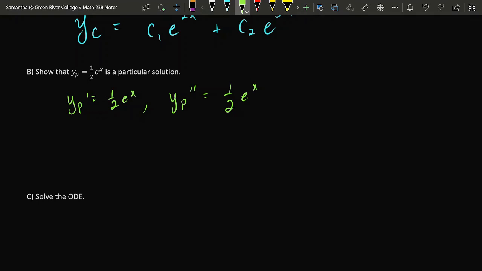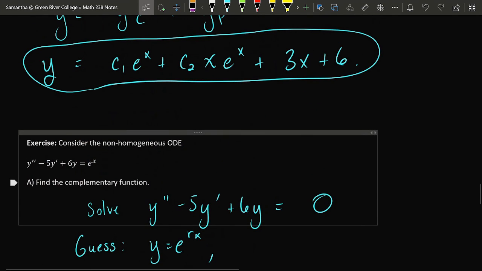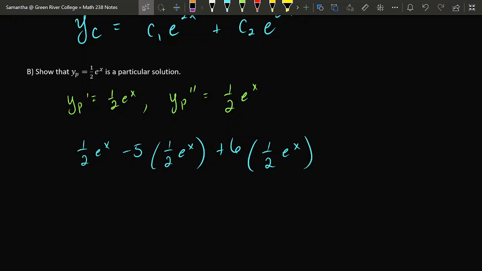So let's go ahead and plug that into my original non-homogeneous differential equation. Then I get y double prime is 1/2 e to the x, minus 5y prime, so minus 5 times 1/2 e to the x, plus 6 times y, so 6 times 1/2 e to the x. I would need that to be the function on the right side of my non-homogeneous ODE, which is e to the x.